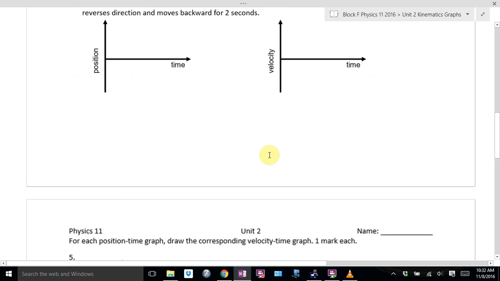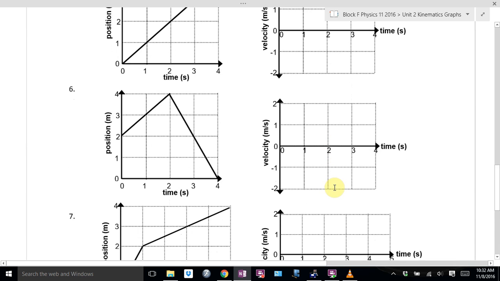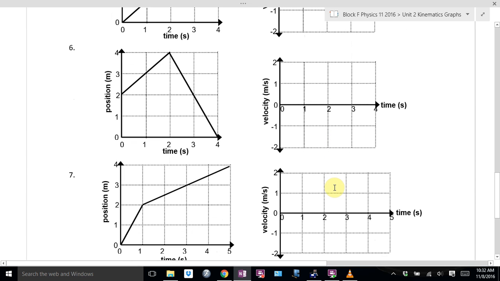Turn the page over. On the back page, because I've given you grid paper with numbers, which means you can find the slopes accurately, I will be fussy on your heights and your steepnesses and your slopes for whatever graphs that you draw. So on number 5 and number 6 and number 7, I will be fussier. Okay? I won't just say get the shape right. You're going to have to get the height right too.